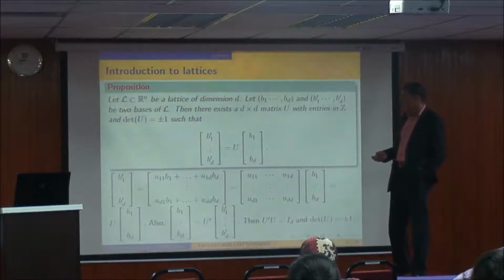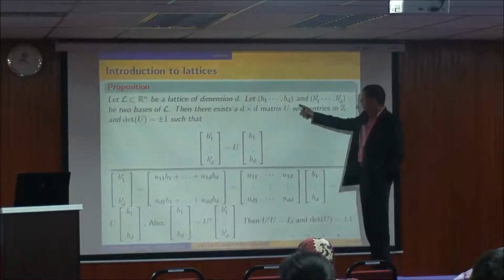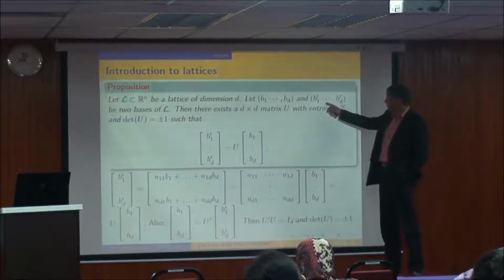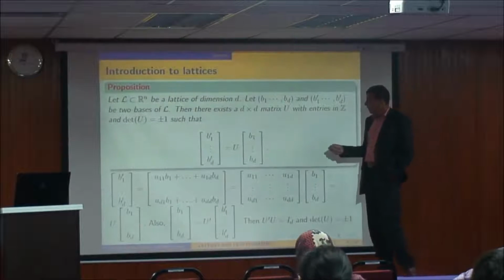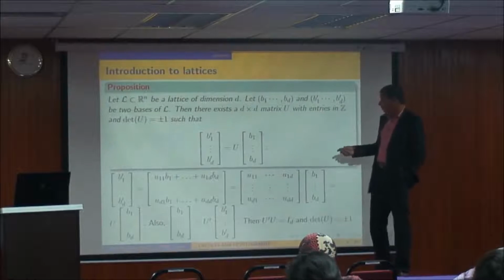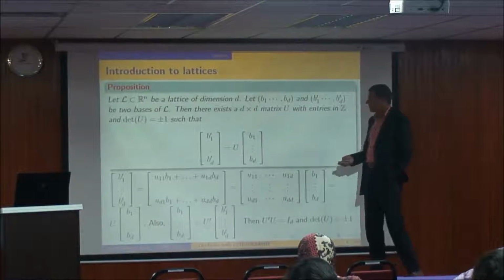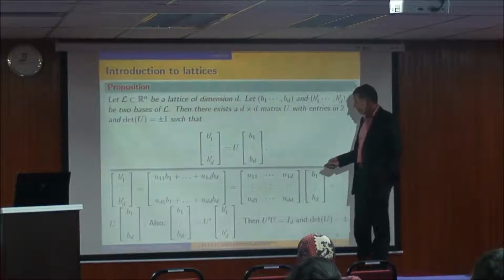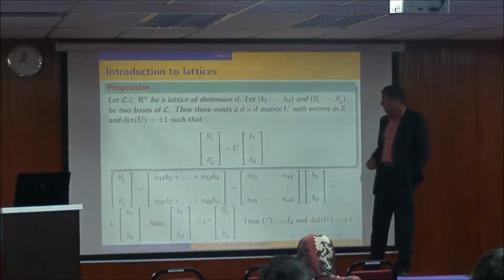For example, if you have a lattice L with the basis B1 to Bt, you can find another basis B1 prime to Bt prime, and to get the new basis from the first one, you have to multiply the first one by a matrix U, where the determinant of U is plus or minus 1 and all the numbers in the matrix U are integers.